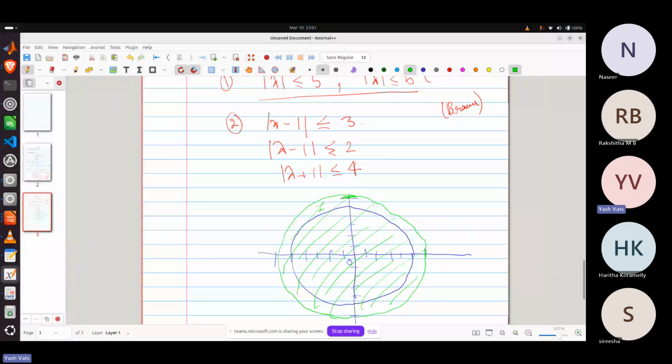Then you have mod lambda minus 1 is less than equal to 3. So I use orange color. So this is 1, and if you take 1 as the center, then you have 3. It is 1, 2, 3, which is here. And 1, 2, 3, yes.